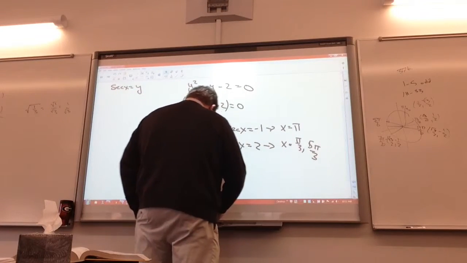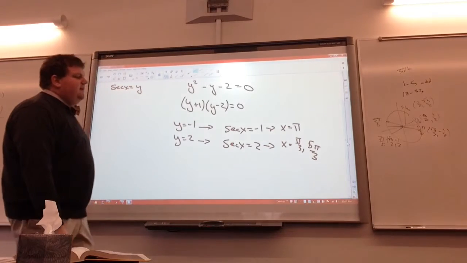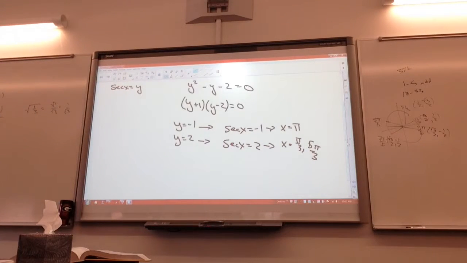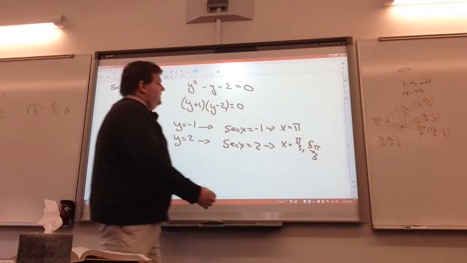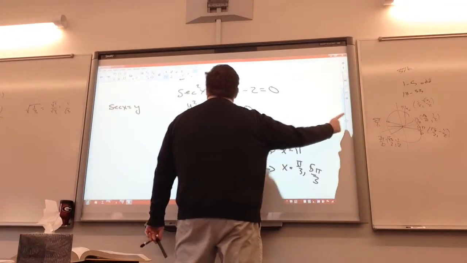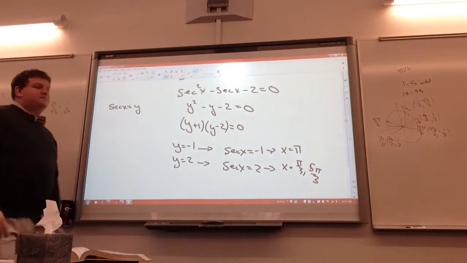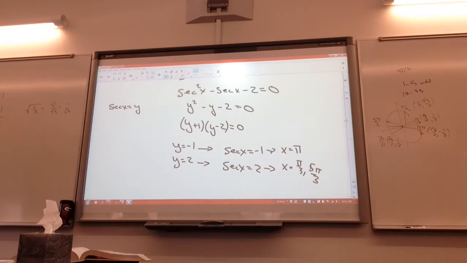What would I do to confirm that these are, in fact, the correct answers? I could go to the original problem and plug them in, right? What was it just above the y squared minus y minus 2? Oh, secant squared of x minus secant of x minus 2.